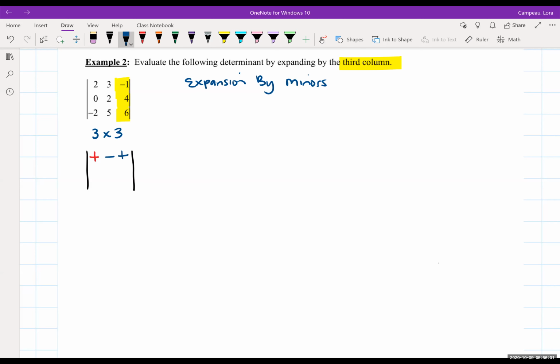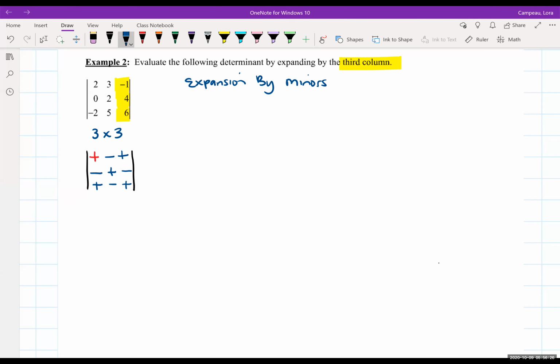Then we're alternating signs, so the second row, first column should start with a minus, then we alternate plus, minus. And then the third row, first column, we're alternating, so we have a plus, minus, and plus. Keep in mind that the array of signs matches the dimensions of your original determinant.